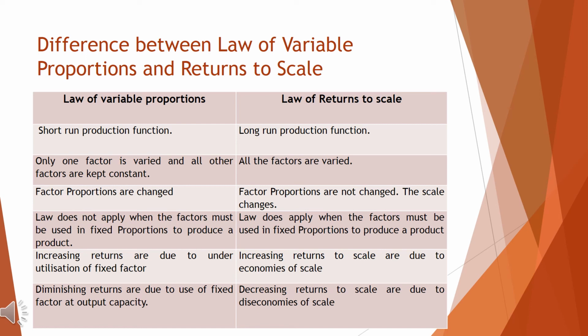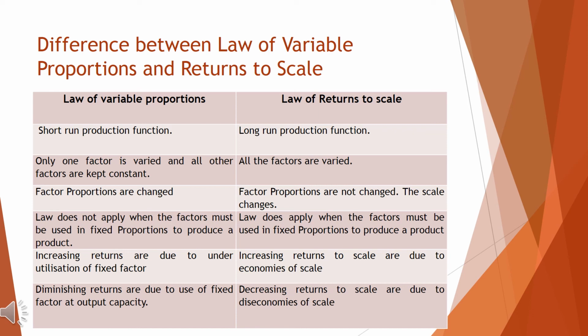In the second stage, diminishing returns, total production rises at a diminishing rate, and average production and marginal production decline. In the third stage, negative returns, total production and average production decline and marginal production becomes negative.